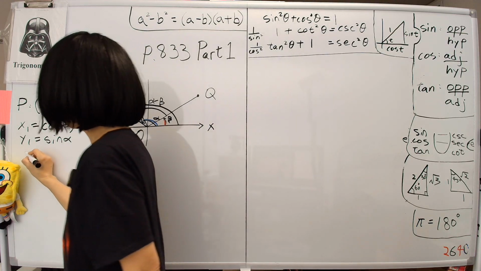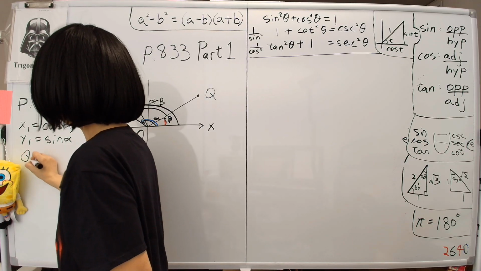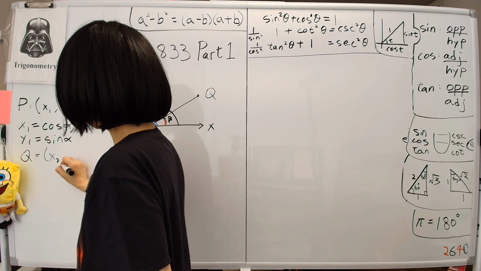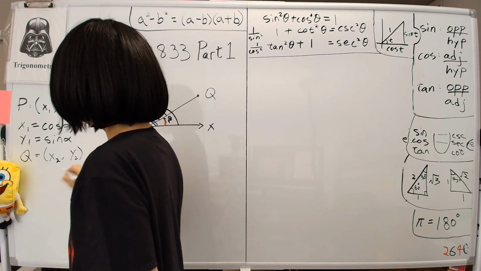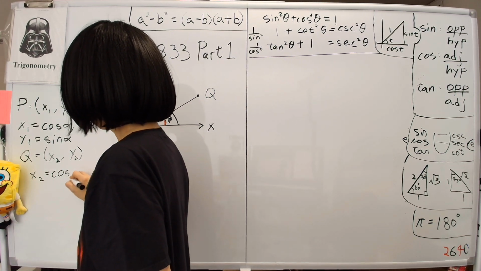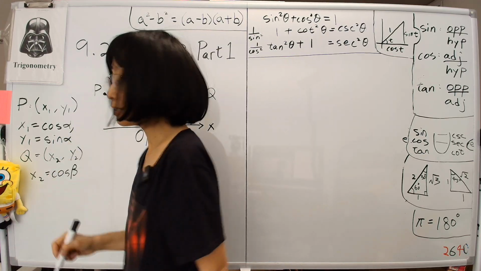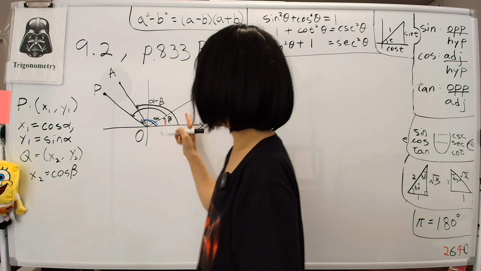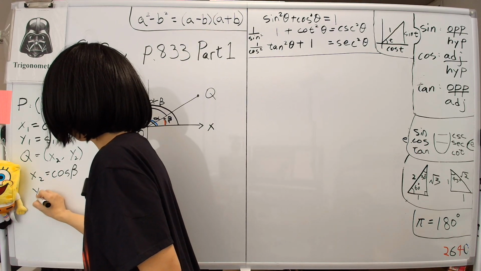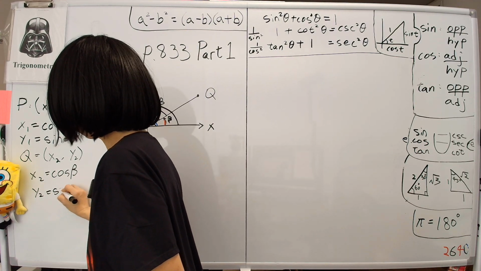So similarly, we'll call Q coordinate x2, y2, where x2 is equal to cosine beta. For the same reason, x1 is cosine alpha. Okay, so x2 is cosine of beta, and then y2 is equal to sine of beta.